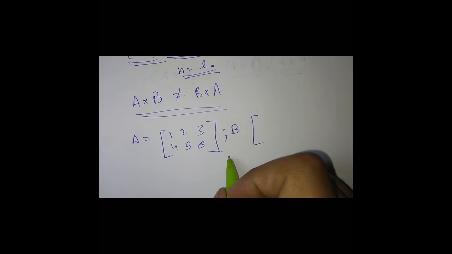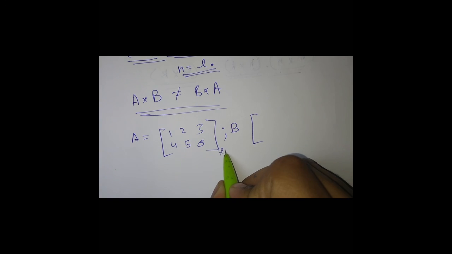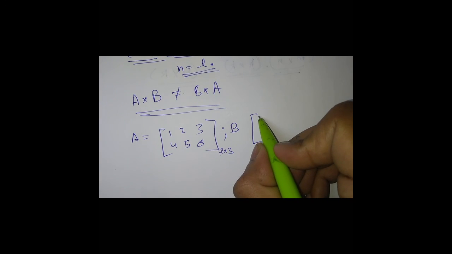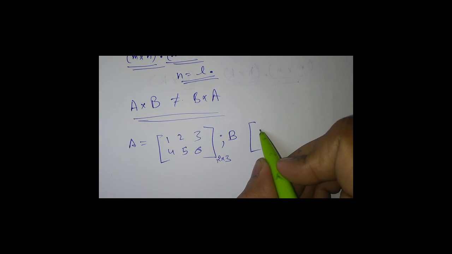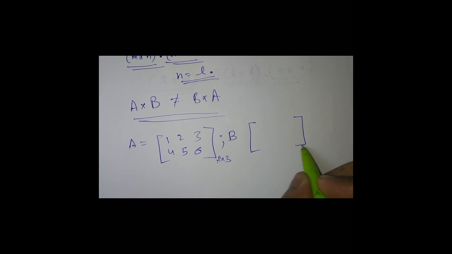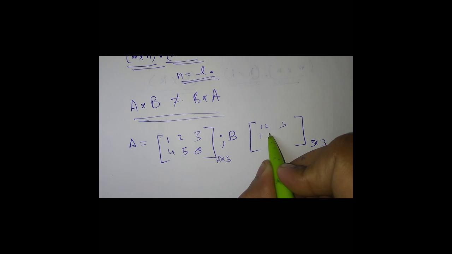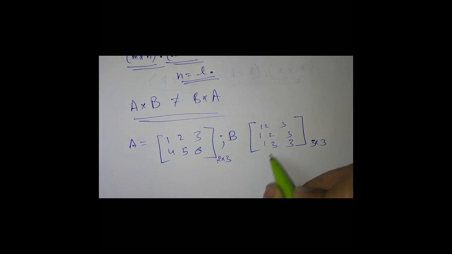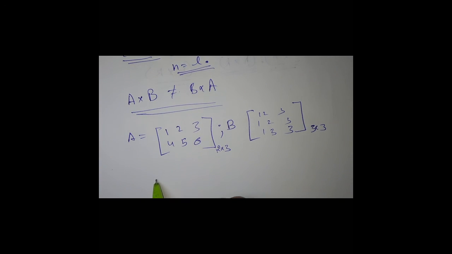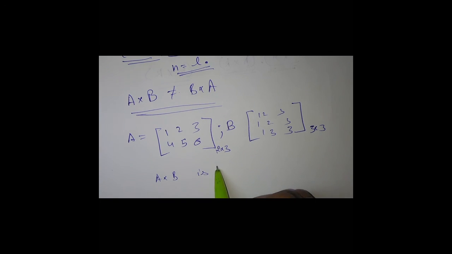The order of this A matrix will be 2 into 3, another matrix B with order 3 by 3. So A into B is defined, but B into A is not defined.